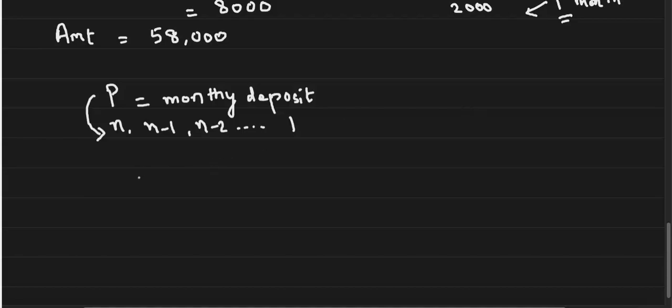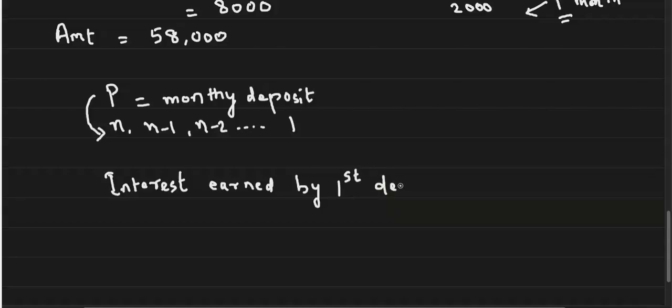So the interest earned by the first deposit: that is the complete term it was there in the bank, that's why it will yield full. So the interest earned by the first deposit, you can use PTR by 100.